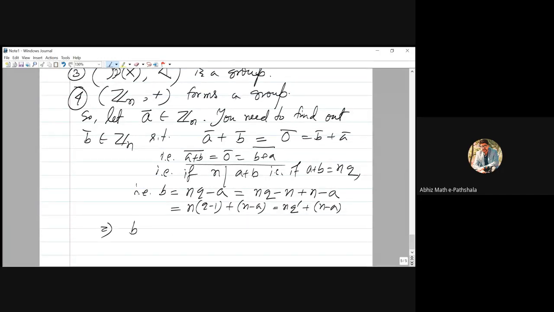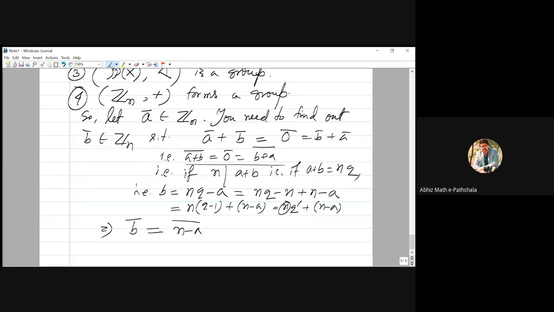B's class will be n minus A class, right? Since B minus (n minus A) will be a multiple of n. So B class is n minus A class.